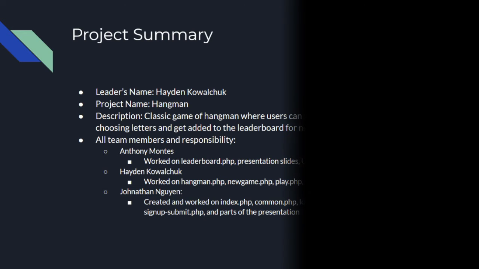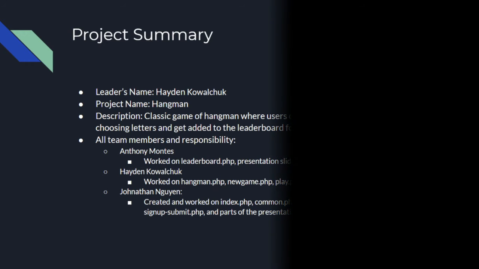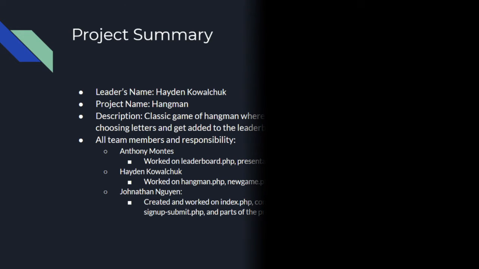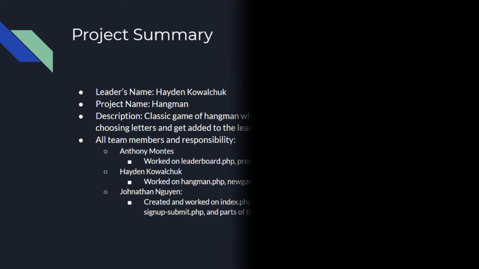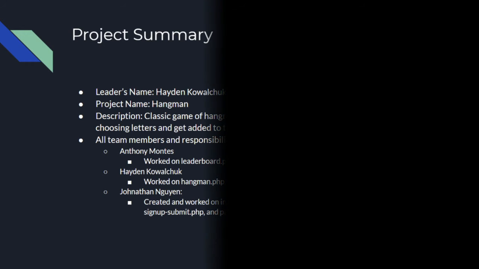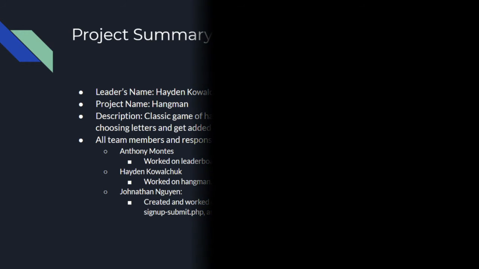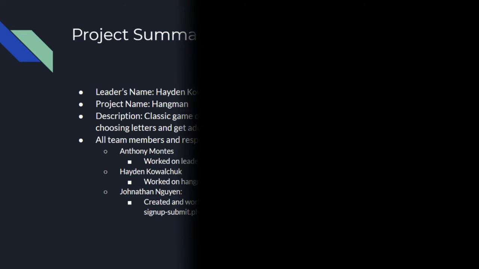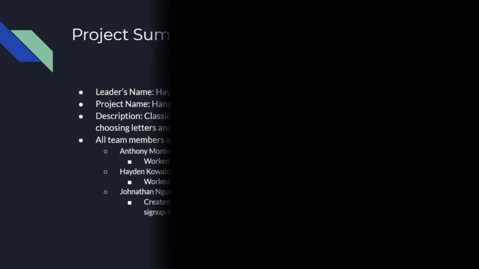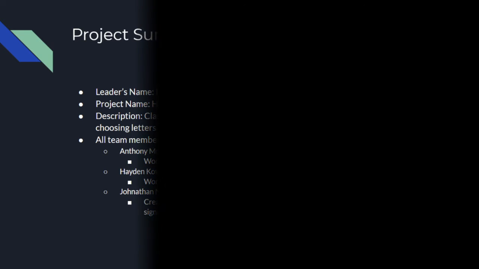Anthony Montes worked on Leaderboard.php, the presentation slides, and also designing the UML diagram and the flow of how this entire web app would work. Myself, I worked on the actual game, Hangman, including the categories page and the actual gameplay, and then some additional design work on the leaderboard.